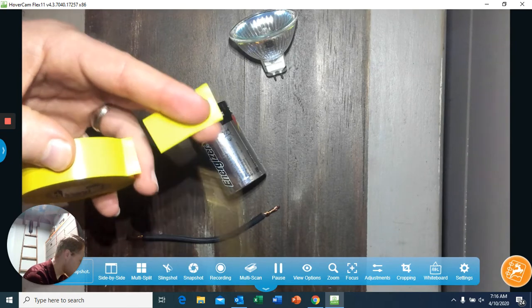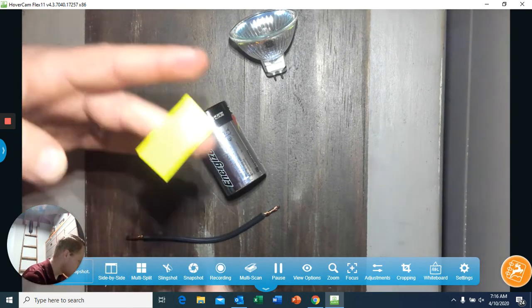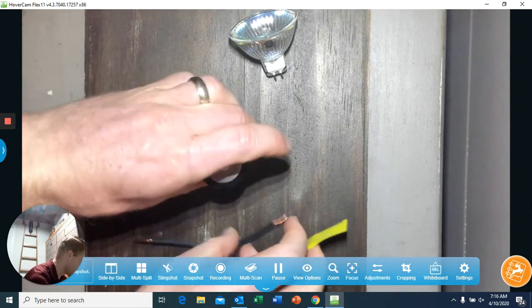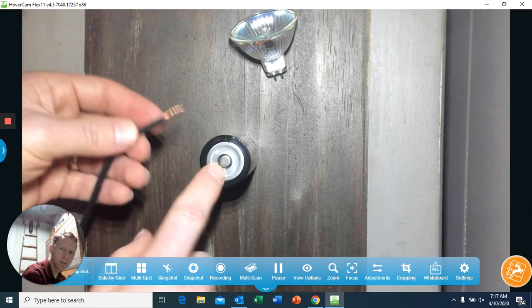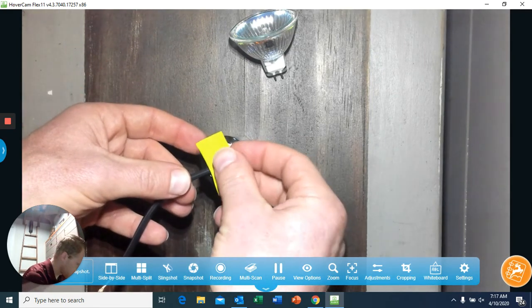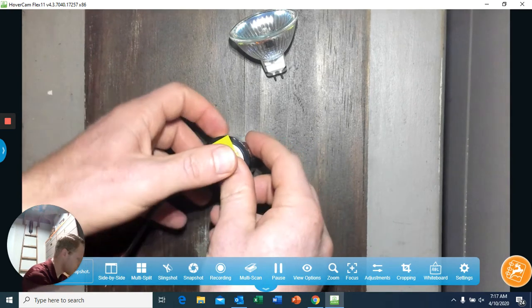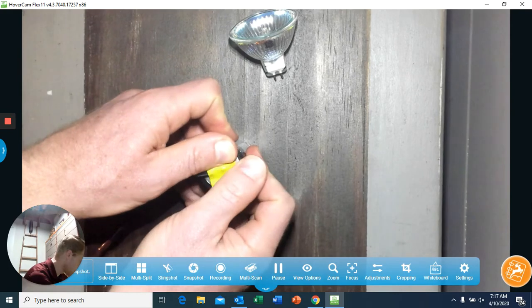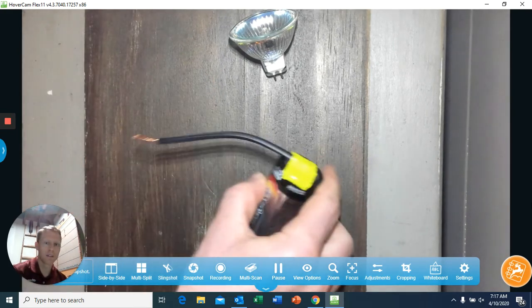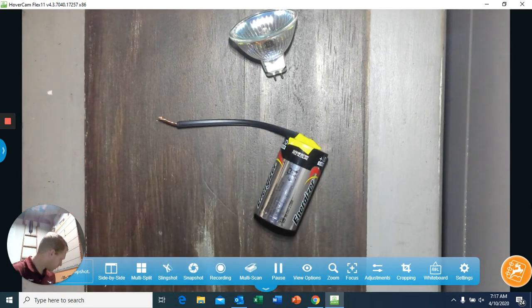So, cutting my small piece of electrical tape, and I'm going to tape the wire to the battery itself, making sure that it is attached firmly. Then you will do the same thing with the other wire and attach it to the other side of the battery with the tape.